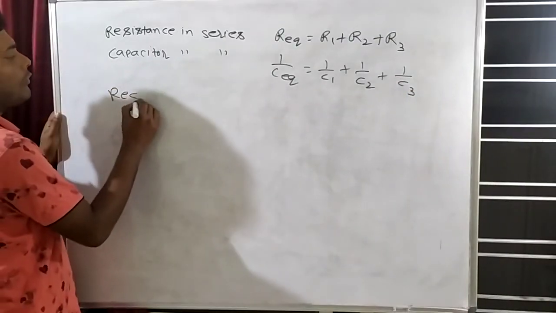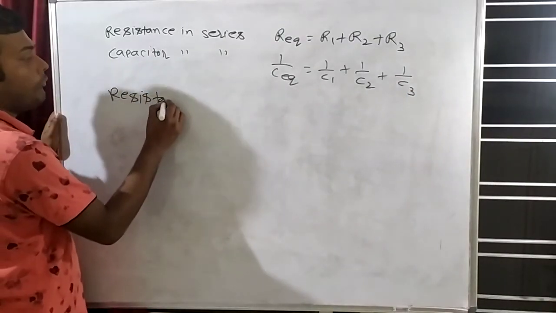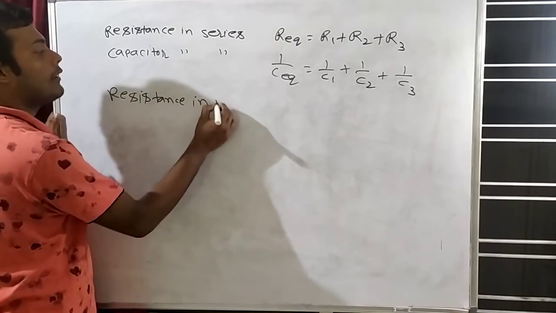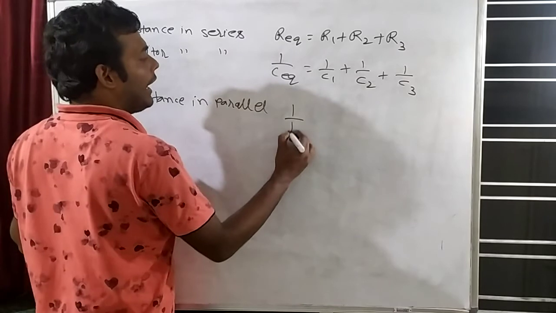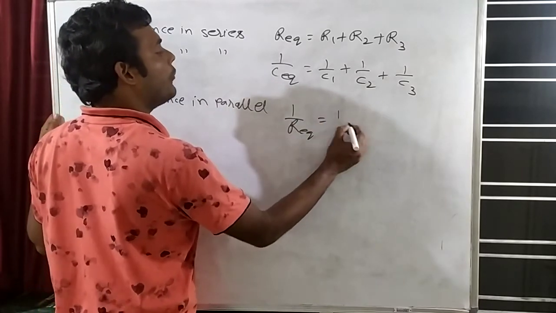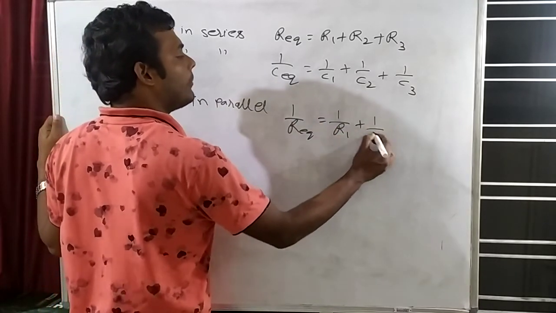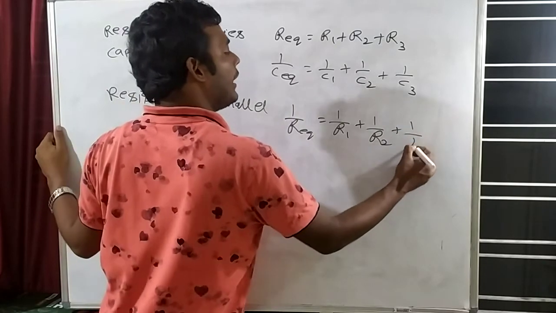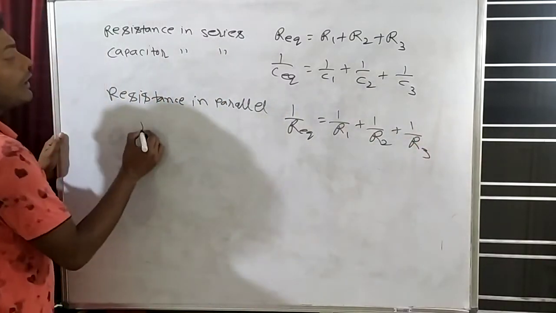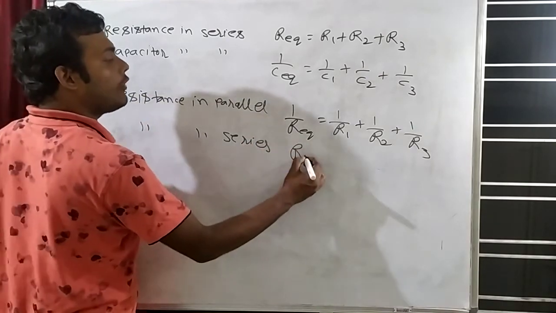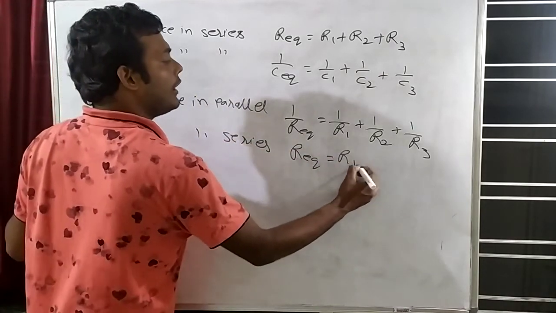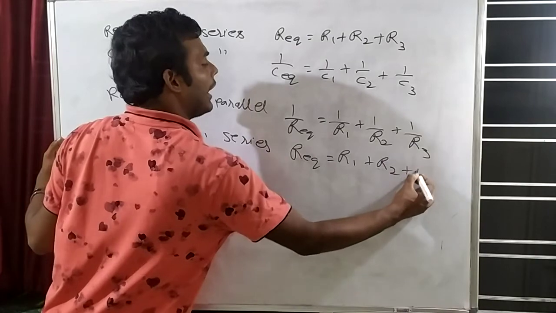Resistance in parallel, what will be the formula? When we connect resistance in parallel, then 1 by R equivalent is equal to 1 by R1 plus 1 by R2 plus 1 by R3. And when we connect resistance in series, R equivalent is equal to R1 plus R2 plus R3, right?